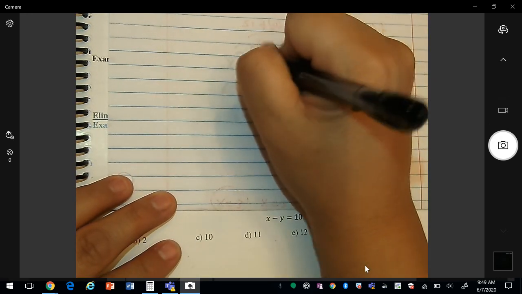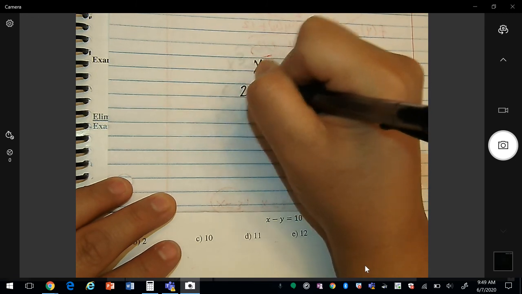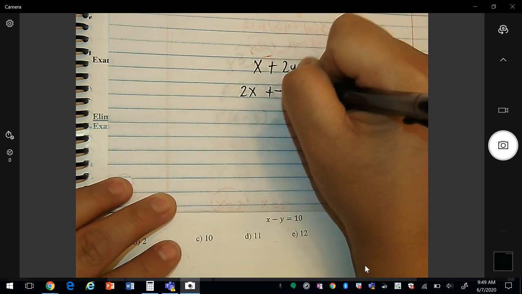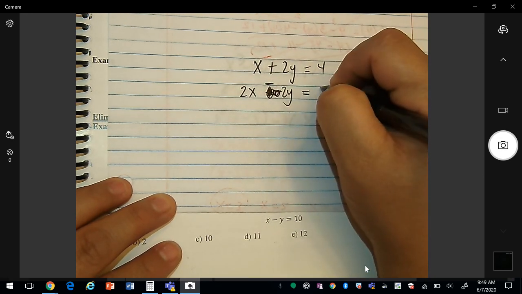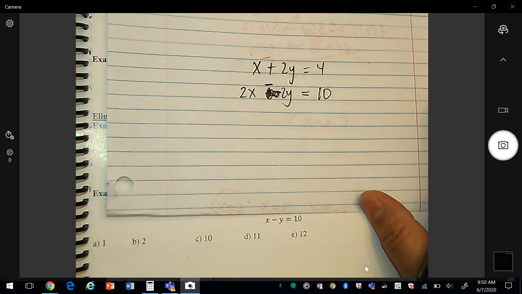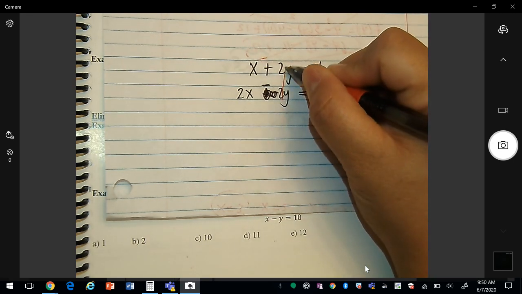Okay. So let's say I have x plus 2y equals 4 and 2x minus 2y is equal to 10. The addition method works by finding coefficients that are opposites.